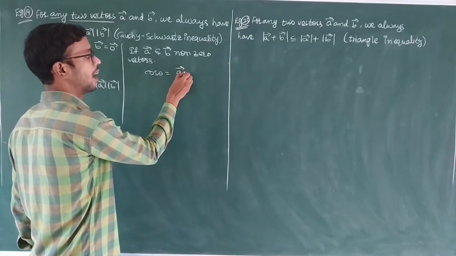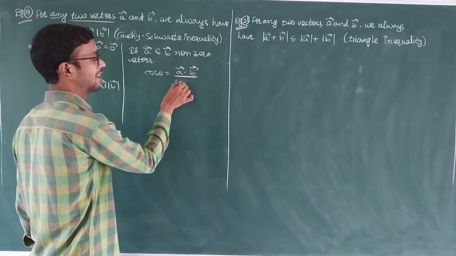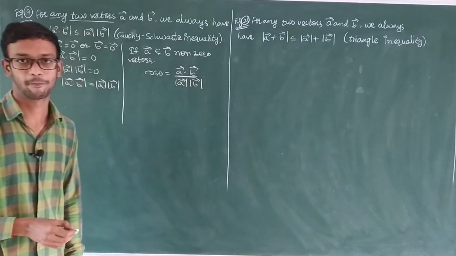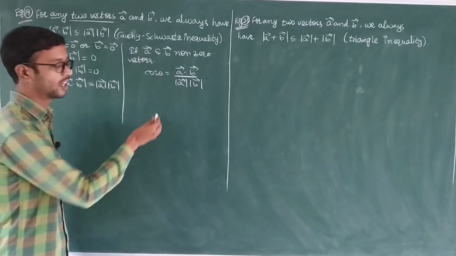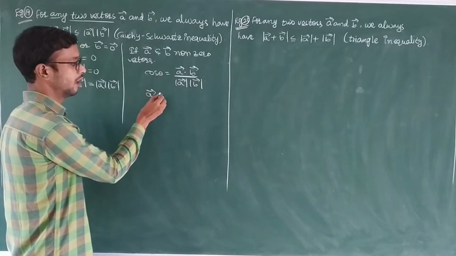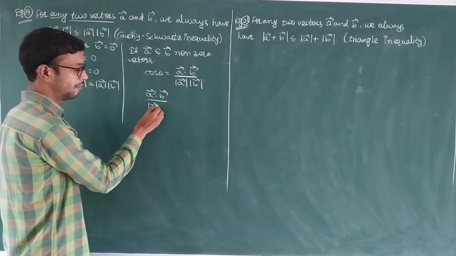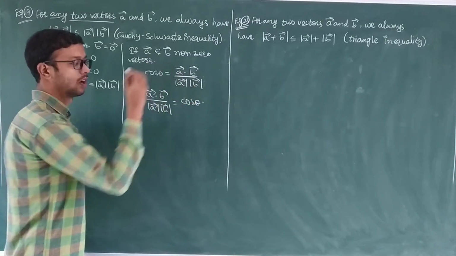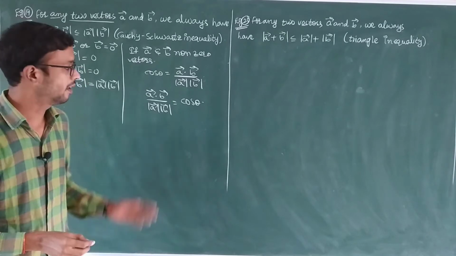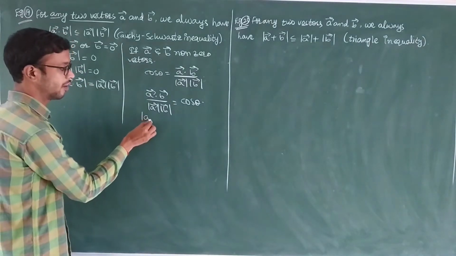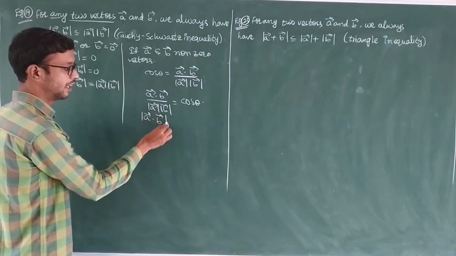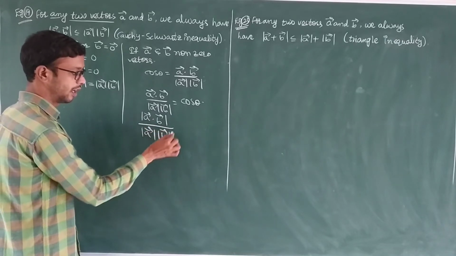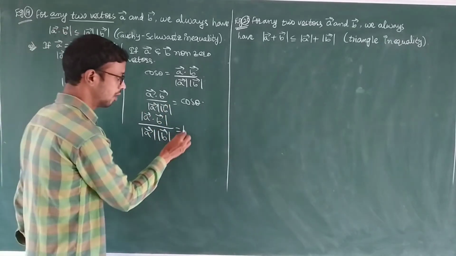A bar dot B bar by magnitude of A bar into magnitude of B bar. I write this one in reverse: A bar dot B bar by magnitude of A bar into magnitude of B bar is equal to cos theta. Apply the magnitude, otherwise the mod value. Here magnitude is already there, no need to write again.